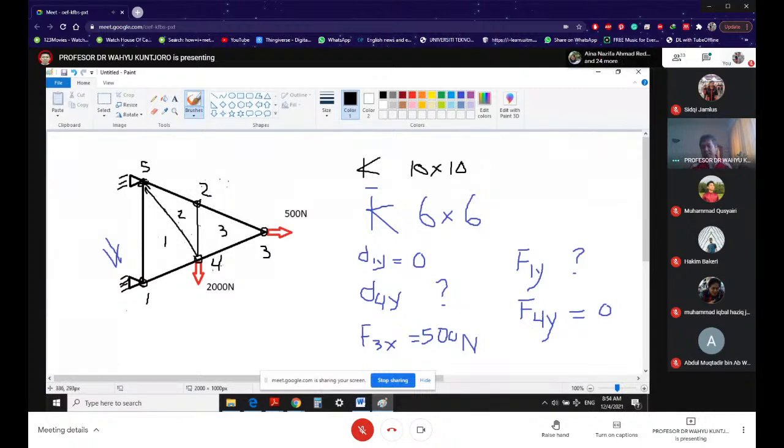Look at this here. F4Y is going to become minus 1,000 Newton. And then of course, your node number one might not be here. Your node number one might be somewhere else. So the way you answer is going to be based on your modeling.